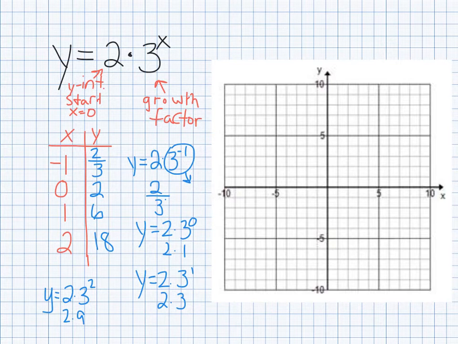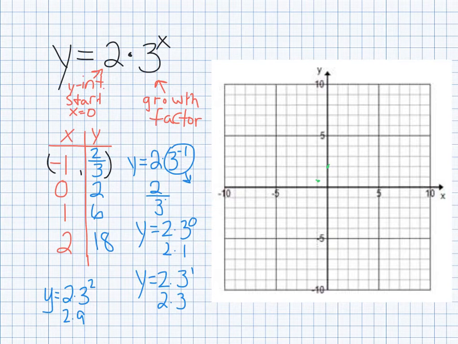Okay, so remember, each of these is an ordered pair, an x and a y. When x is -1, y is 2/3, so that's in between 0 and 1, a little bit closer to 1. When x is 0, that's on the y-axis, y is 2.